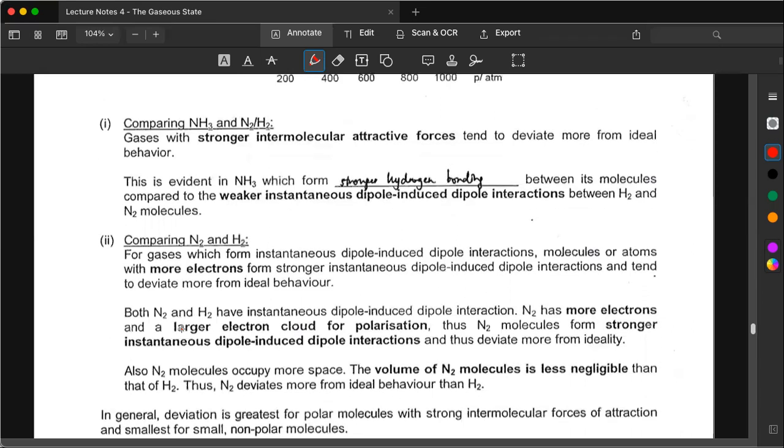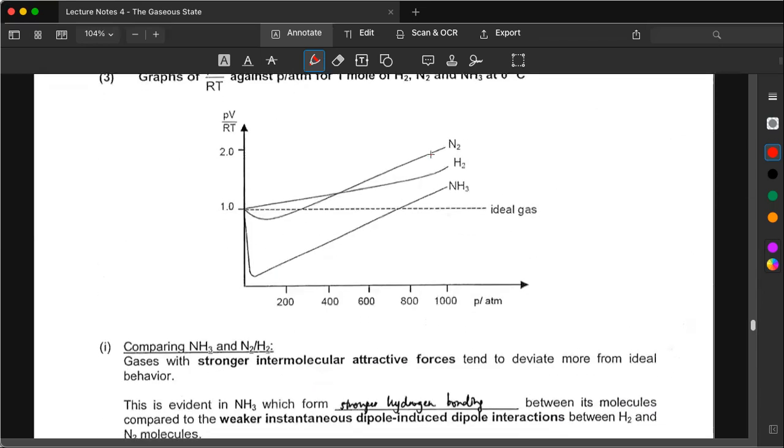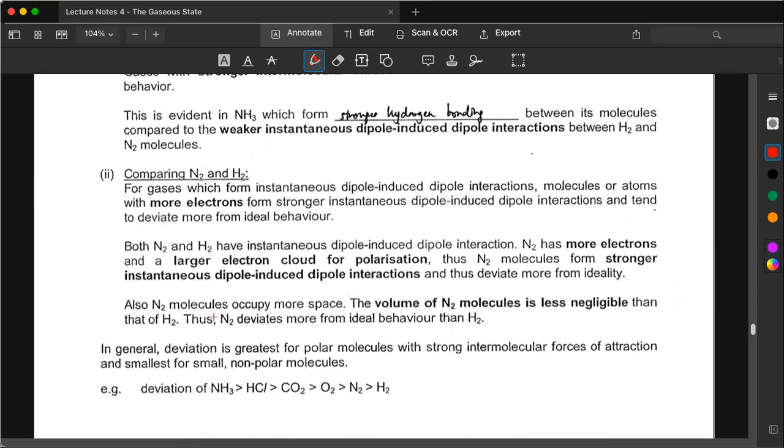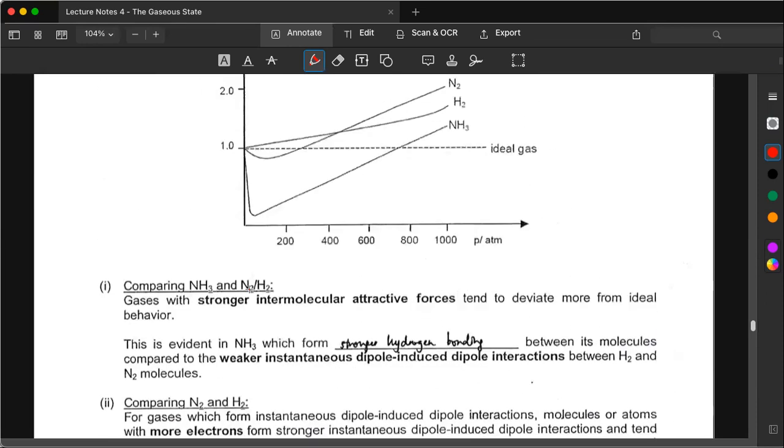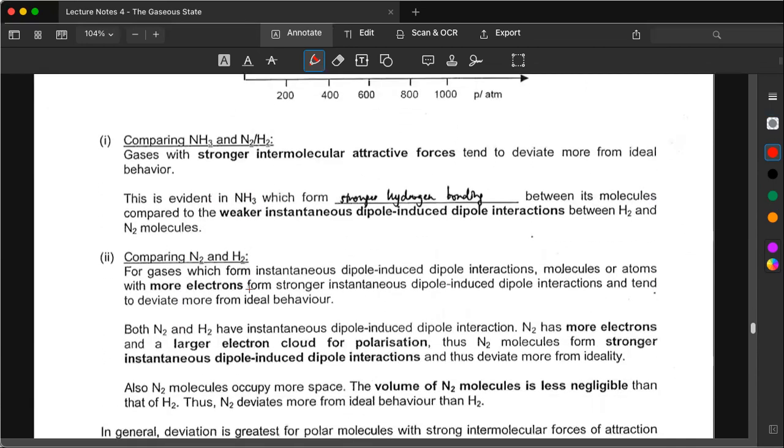You can see from the graph that both hydrogen and nitrogen do have ID-ID interactions, but nitrogen has more electrons and hence a larger electron cloud for polarization. So nitrogen molecules form stronger ID-ID interactions and will deviate more from ideality.